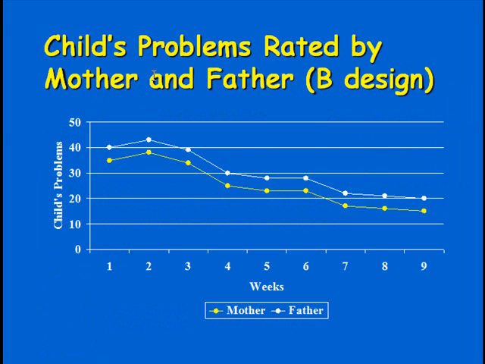You could have the child's problems rated by mother and father. Here you have the number, the child's problems always on the dependent variable, always what you're measuring on the vertical axis, time always on the horizontal axis, and you can see that there's some consistency, but the father consistently sees more problems than the mother.